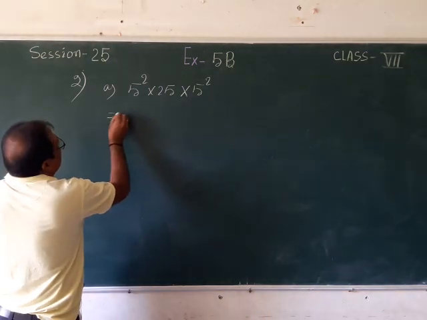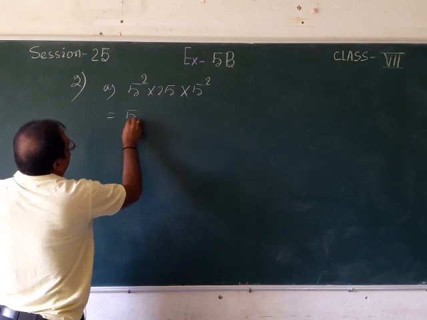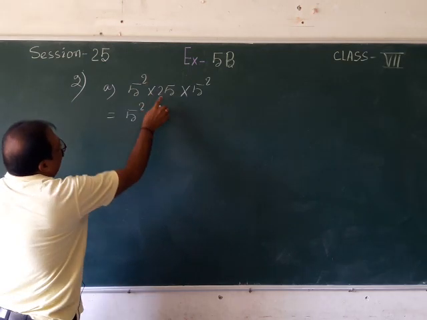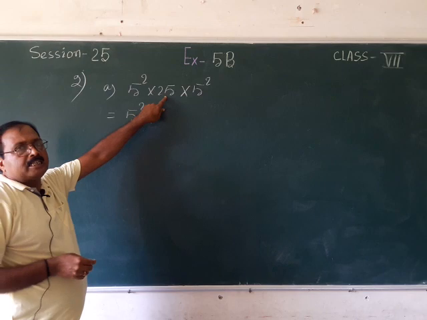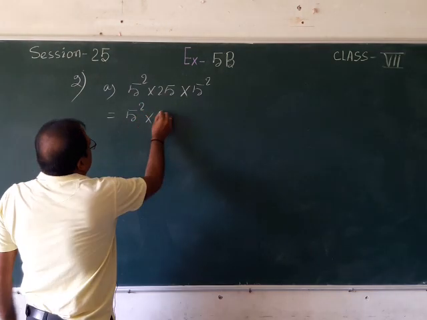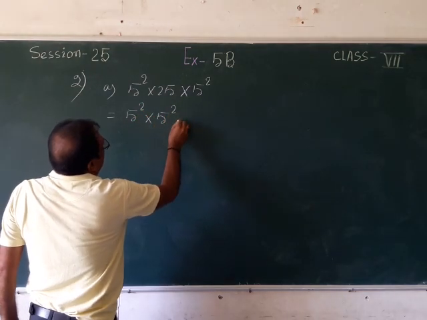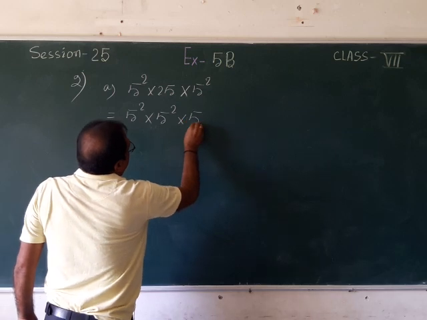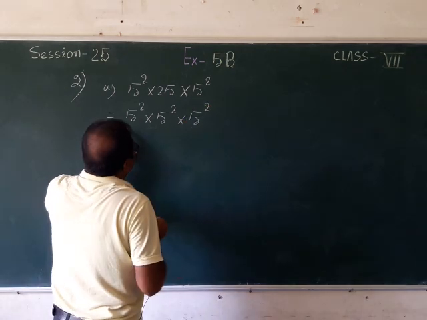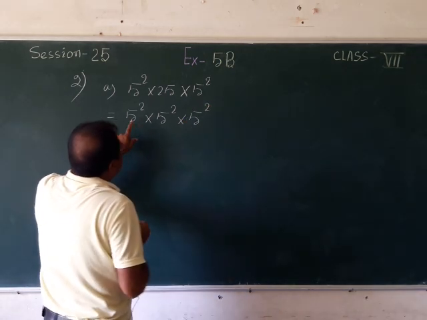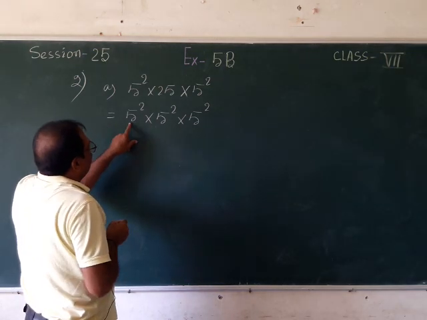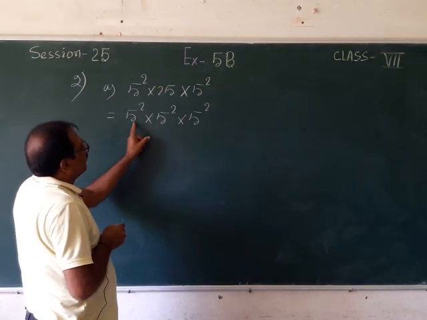You can see here that it is 5 to the power 2. I am going to copy it down, and 25 means 5 into 5. So I can write it as 5 to the power 2, and here it is also 5 to the power 2. So here you have how many 5s? All the bases are same, 5, 5, 5. You check the base.